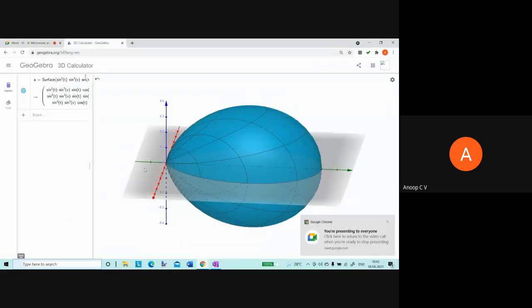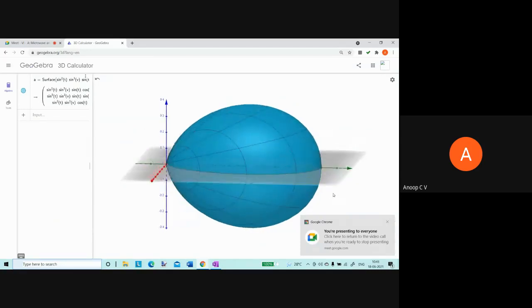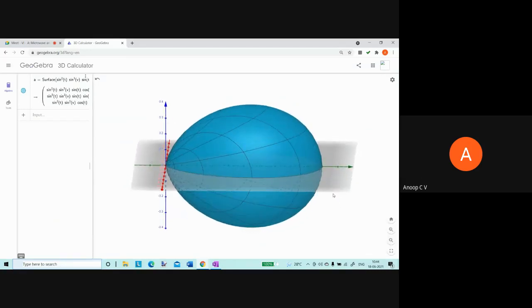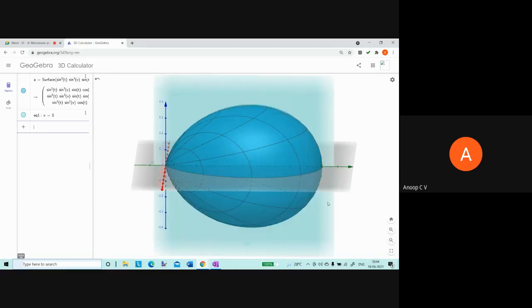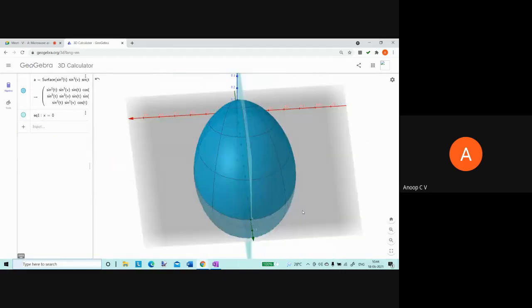So now I'll tell you how to evaluate half power points from this. Theta is varying along this, so I'll write x equal to 0. Can you see this plane, the x equal to 0 plane?